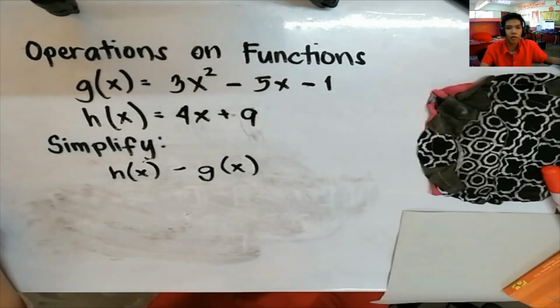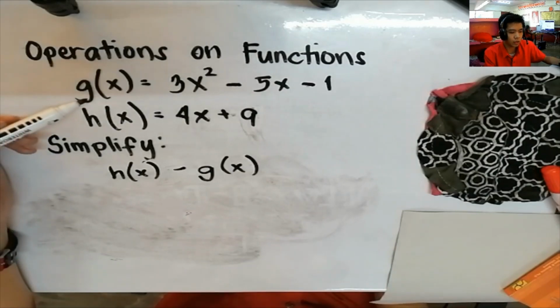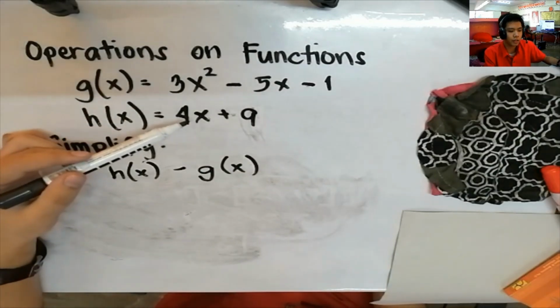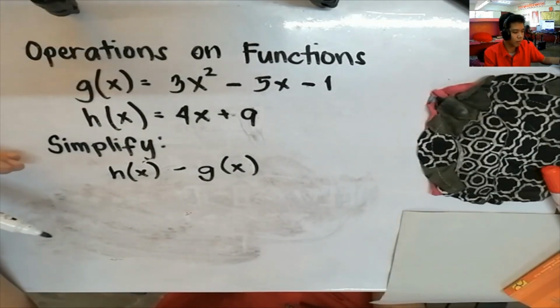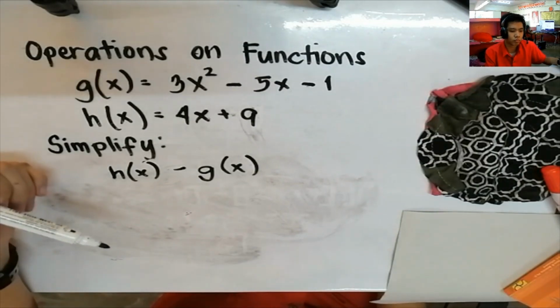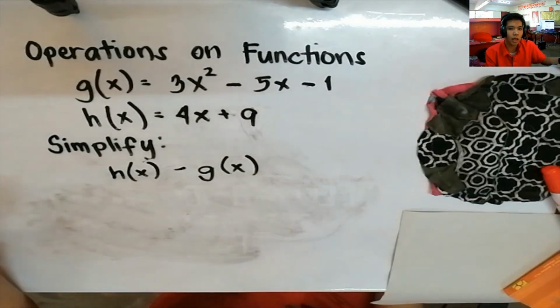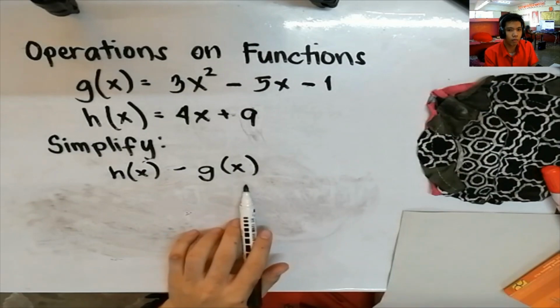Let's have another example on subtraction of functions. Here we have the given g of x equals 3x squared minus 5x minus 1, and h of x equals 4x plus 9. Now simplify h of x minus g of x. This is a bit different from the previous one. Here, the subtrahend is g of x.